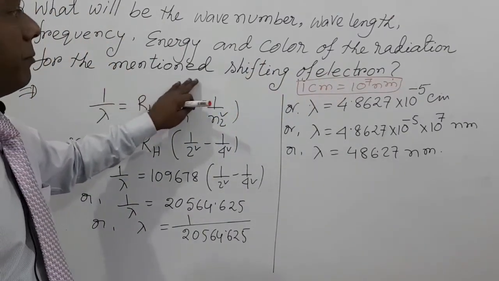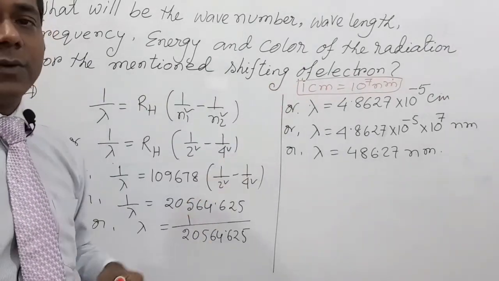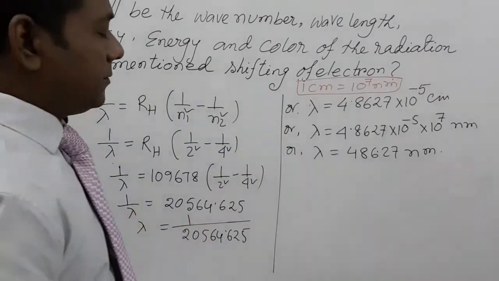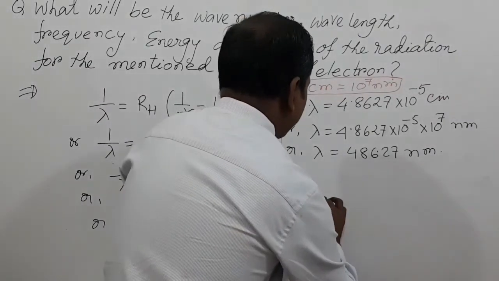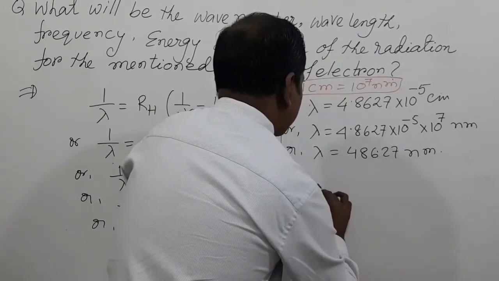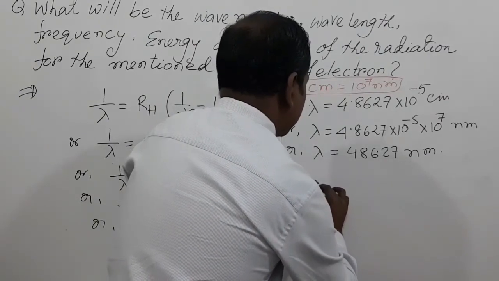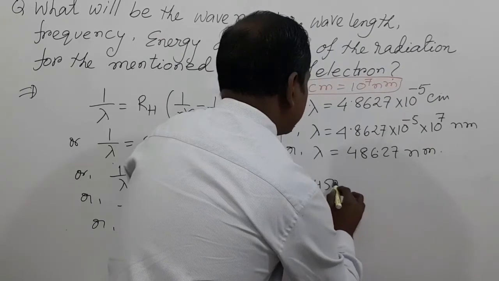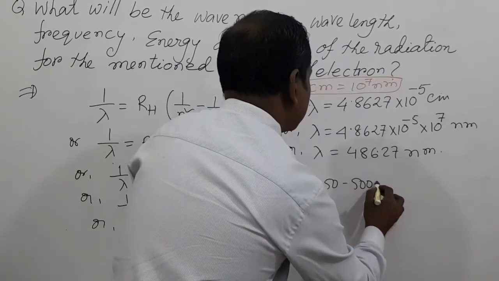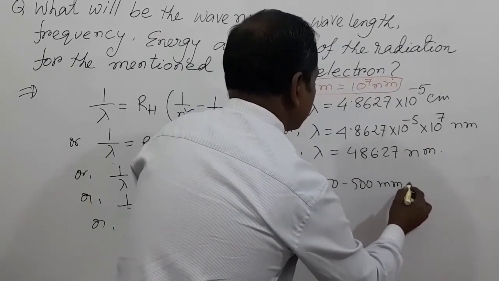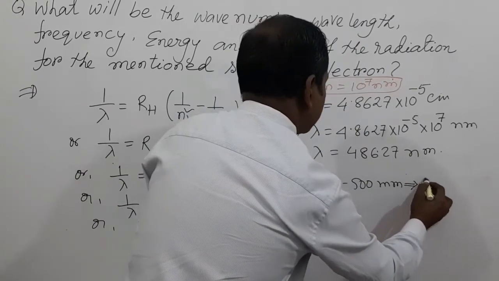Our another question is the color of the radiation for the mentioned shifting of electron. We know that if the wavelength is 450 to 500 nanometer, then the color is blue.